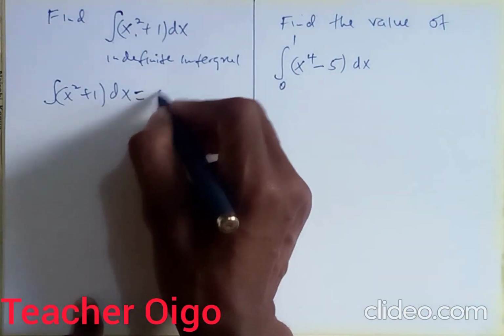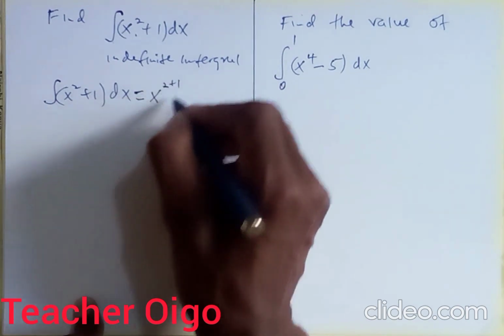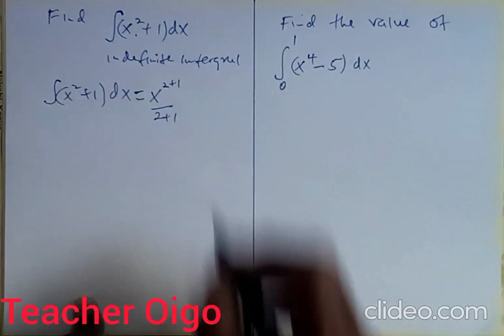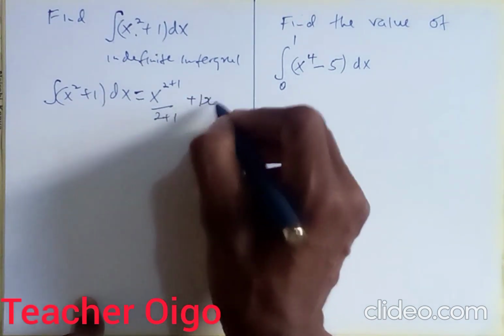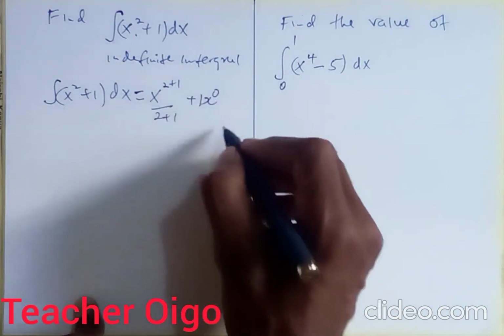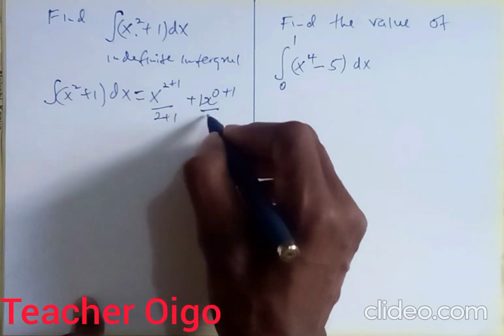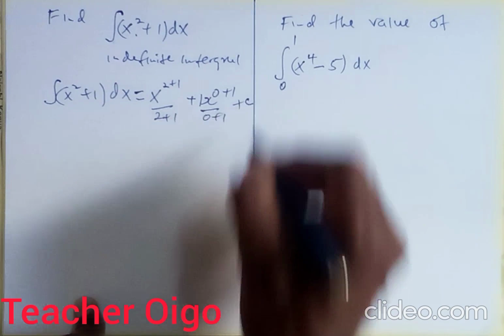Remember, here we are going to say that it is x raised to 2 plus 1 divided by 2 plus 1, then plus, remember x is not there, so we can say this one, 1x raised to 0 plus 1 over 0 plus 1, and then plus c.